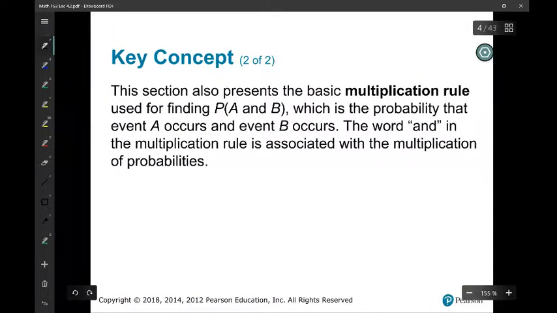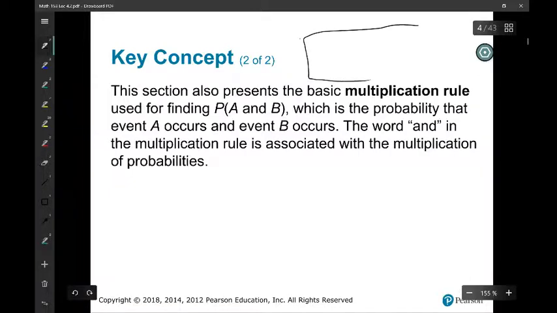And we also talk about the multiplication rule, used for finding the probability of A and B. And that's the probability that event A occurs and also event B occurs, not just one or the other.